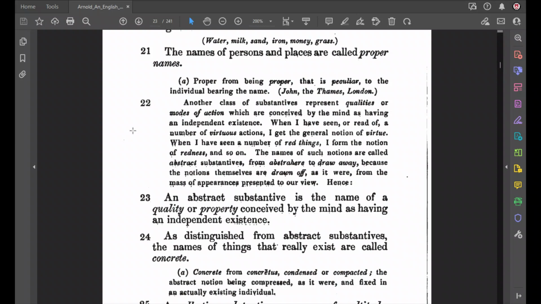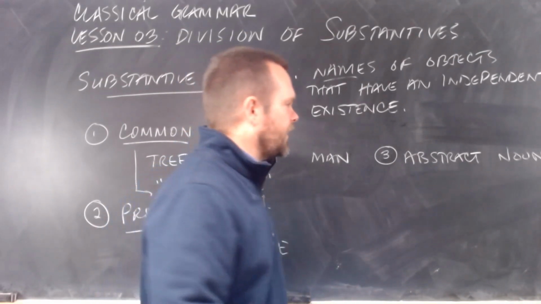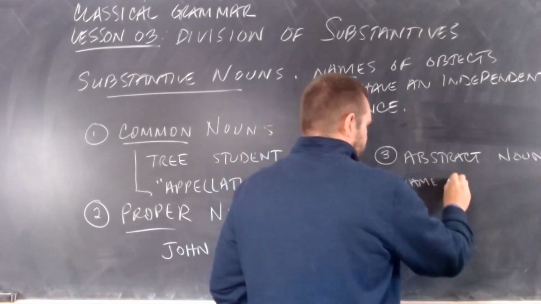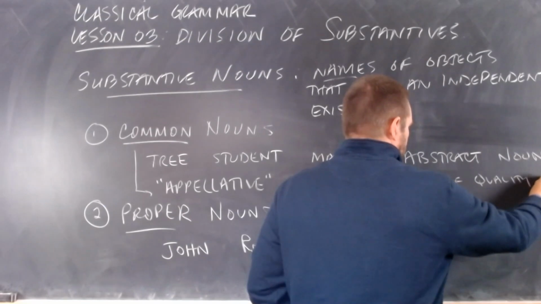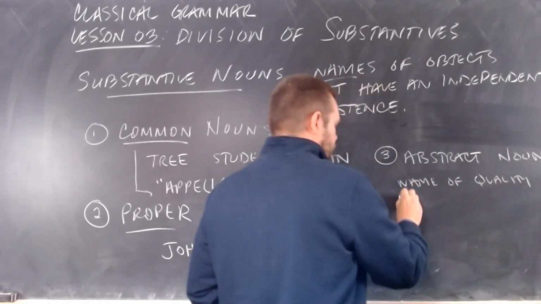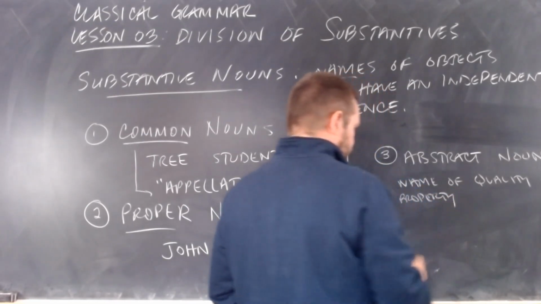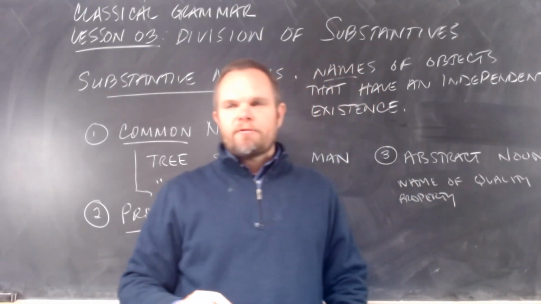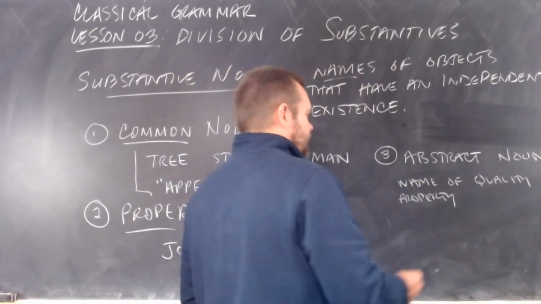An abstract substantive is the name of a quality or property conceived by the mind as having an independent existence.